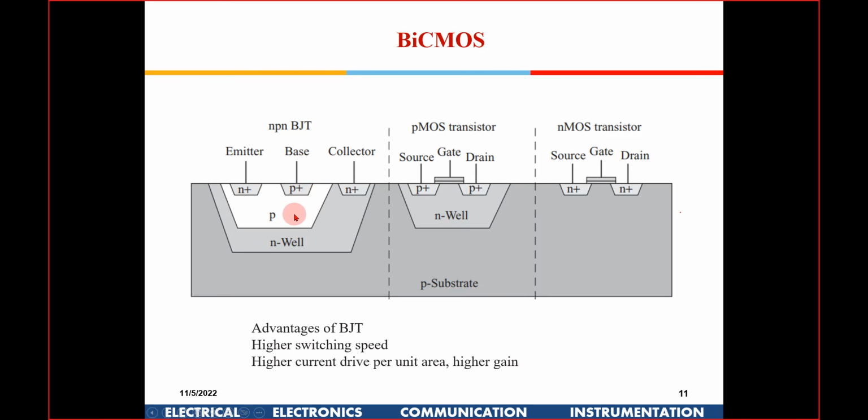So the electrons will be available here. They'll come out into the P region, and since the P well is surrounded all by N well, and you are applying a higher potential on the collector, the majority of these electrons will be swept by the collector, and a small minority portion of the electrons which is emitted gets collected by the base.